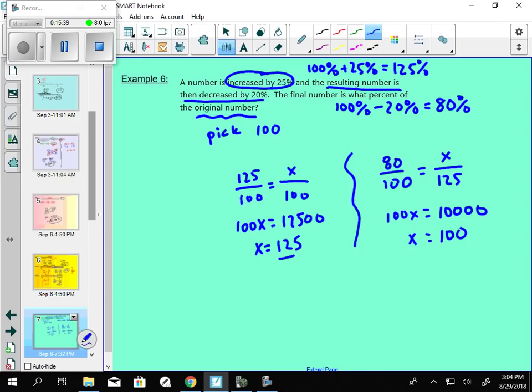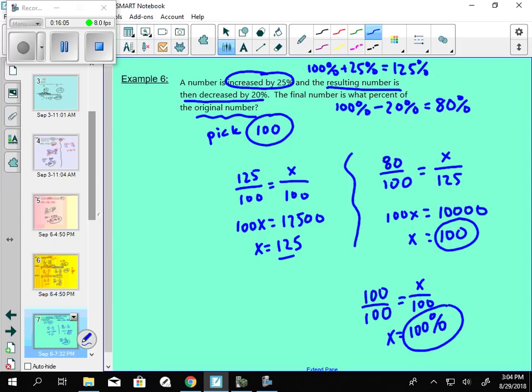We actually ended up with the same number that we started with. If they're asking us what that percentage is, 100 out of 100, or setting up a proportion, what percent? If we cross multiply and divide that, we get 100% because we ended up with the same number.